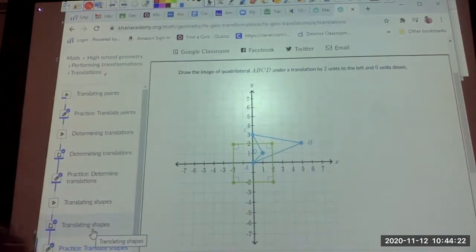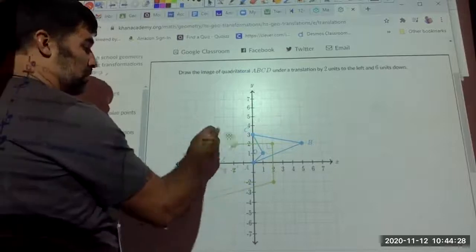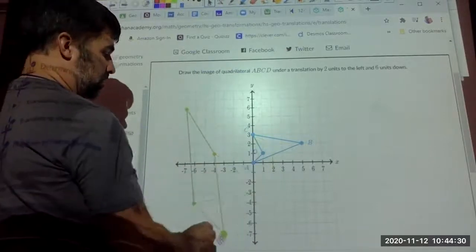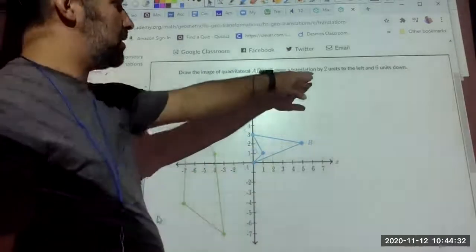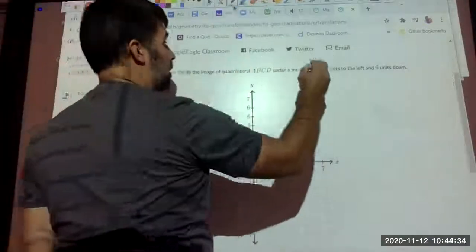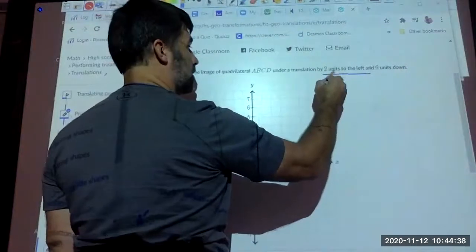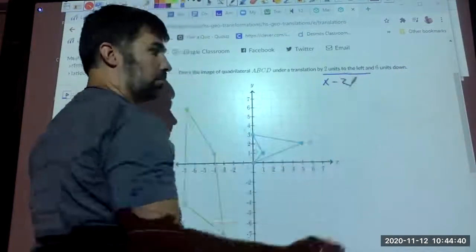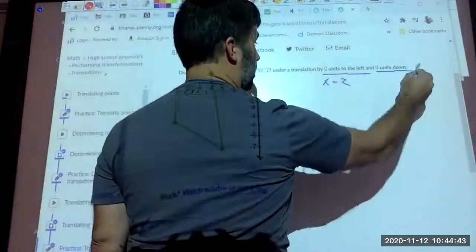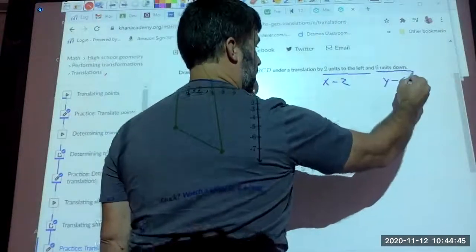Here's what you have to do. The blue is the original, the pre-image. I got to manipulate these in whichever way that it tells me. So this tells me 2 units left, which if we did coordinate notation, that'd be x minus 2. 6 units down, if we did coordinate notation, that would be y minus 6.